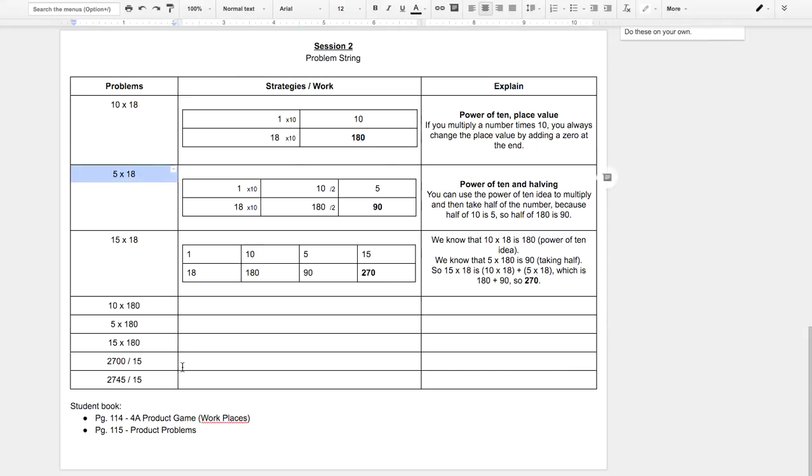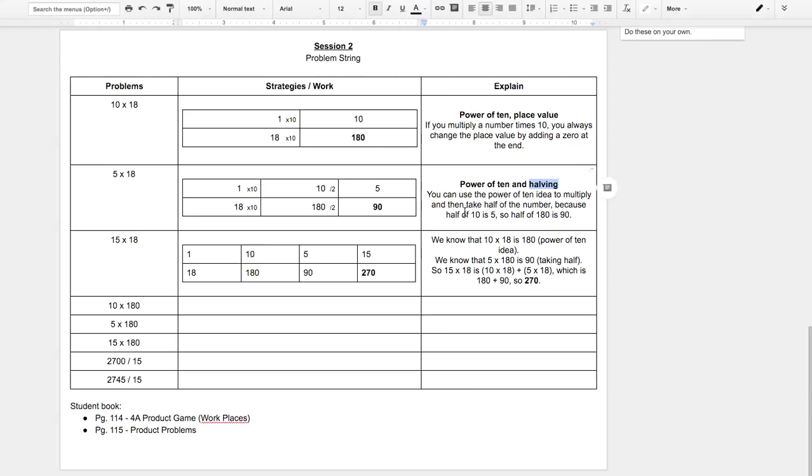5 times 18. Can you do that one easily? You might be saying to yourself, okay, well, I know that 5 times 8 is 40, and then 5 times 10 is 50. Yeah, you could do that. But you could also use the power of 10 idea and then halve it. So again, we know that 10 times 18, like we set up here, is 180. We also know that 5 is half of 10. So we can use this power of 10 idea to take us up to 180, and then use the halving idea to take half of that number.